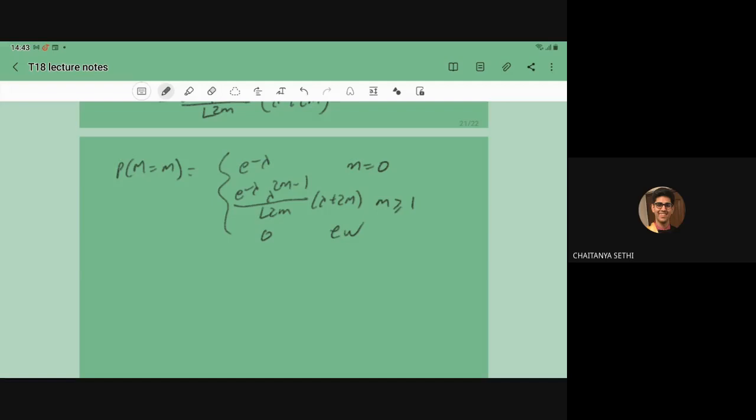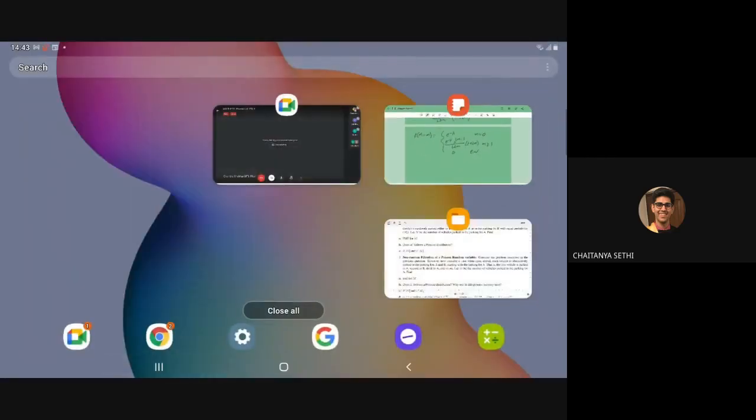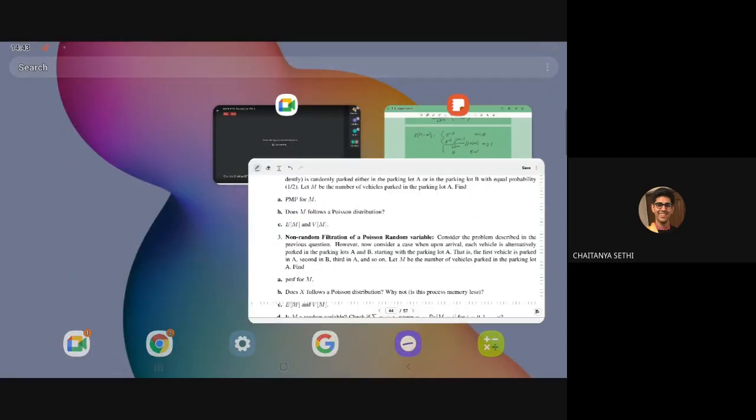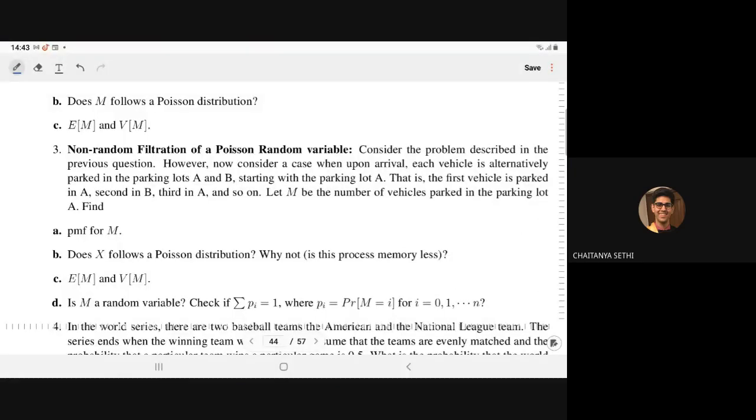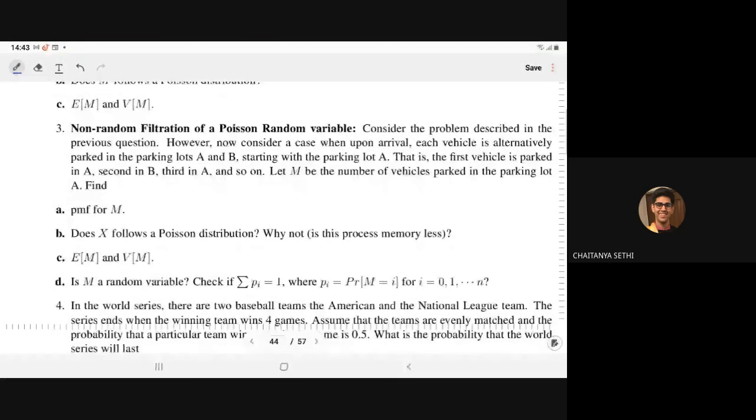No, sir. In the question they have asked whether it resembles the Poisson distribution or not. So here we have the PMF for M. Does X follow the Poisson distribution?